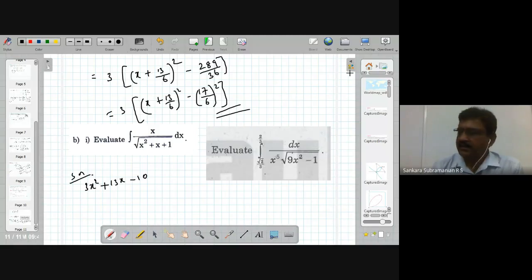3x square plus 13x minus 10 can be written as 3 into x plus 13 by 6 the whole square minus 17 by 6 the whole square. You should know the formula for the integral of dx by x square minus a square.